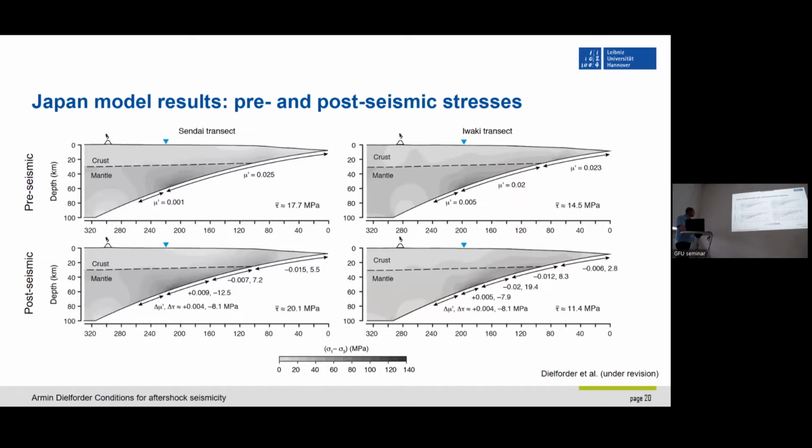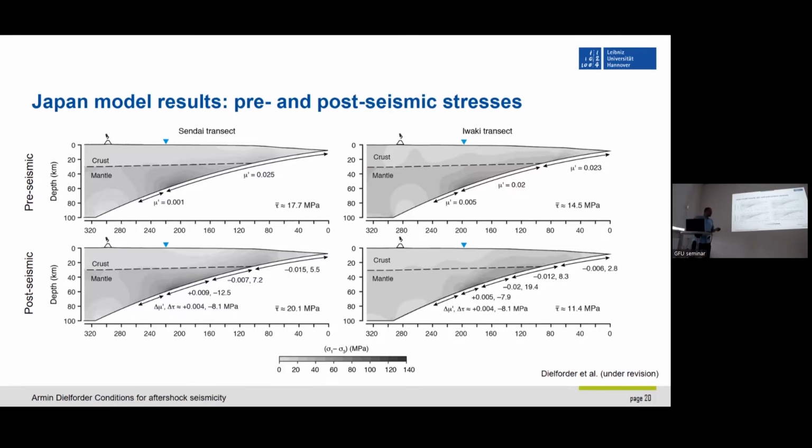And the scale is between 0 and 140 megapascal differential stress. And you see that we have mainly these very light colors of gray. So the differential stresses are overall very low, some tens of megapascal. And only close to the plate interface, we have some higher stresses of up to 120 megapascal.